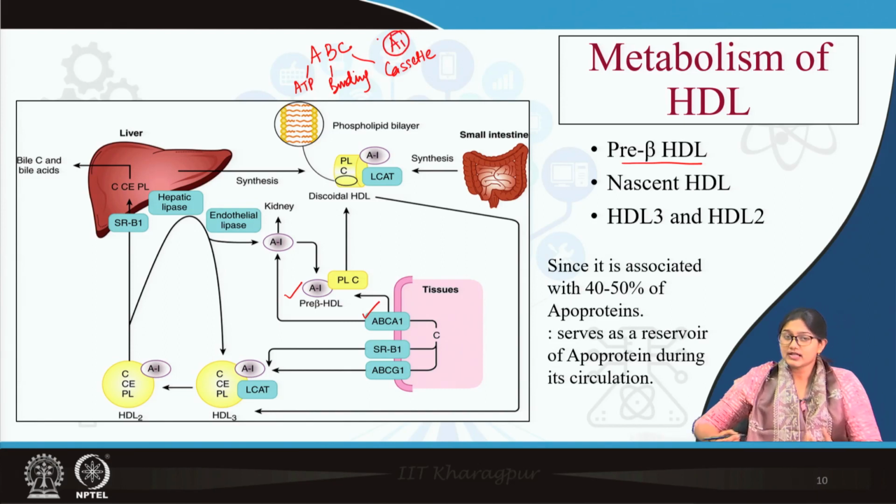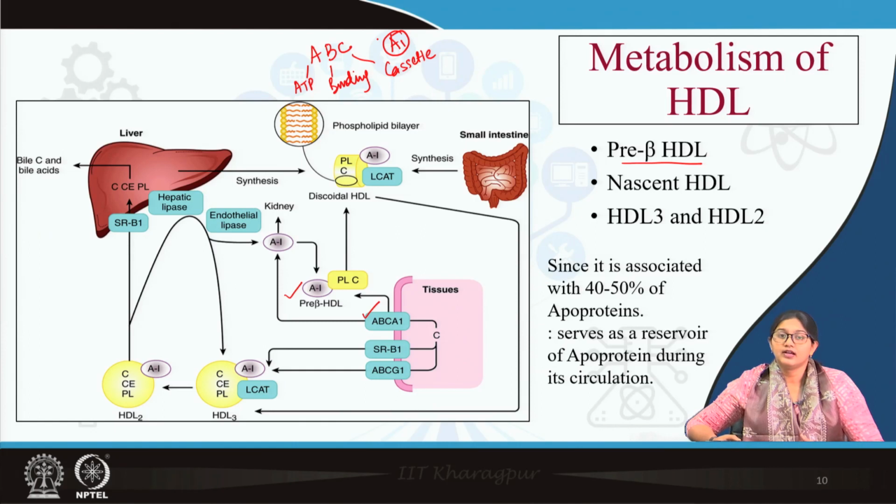So, this ABCA1 is responsible for delivery of cholesterol from extrahepatic tissue to pre-beta HDL. Now, what happens when cholesterol and phospholipid accumulate in this pre-beta HDL? The enzyme LCAT is activated.